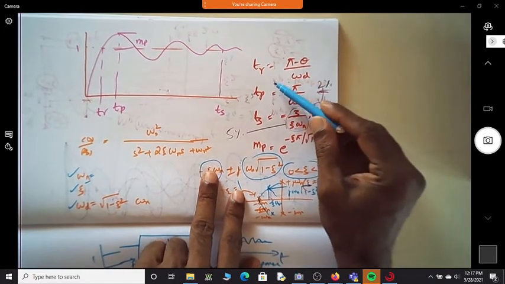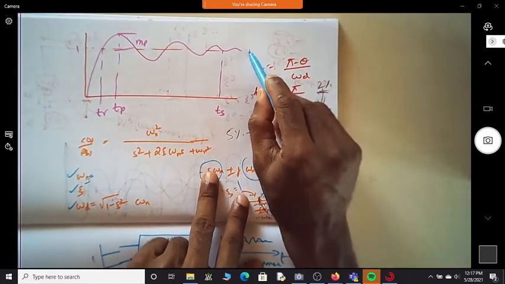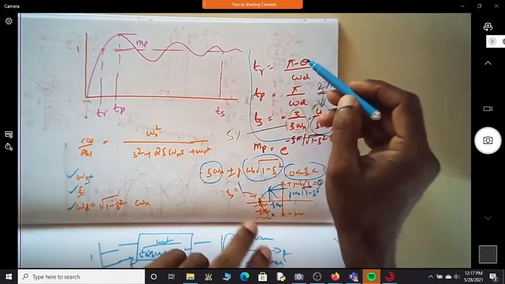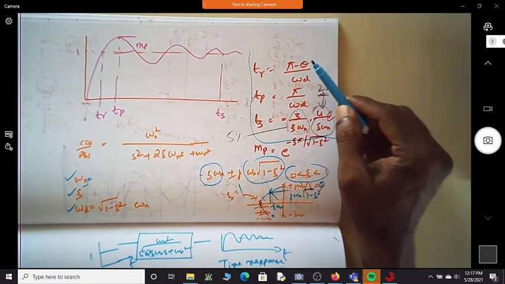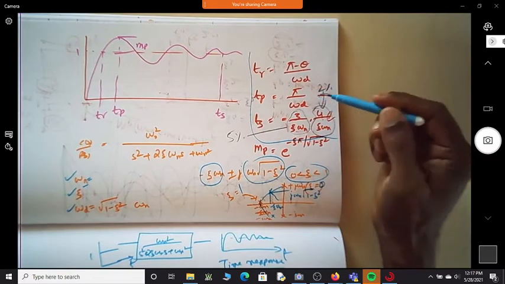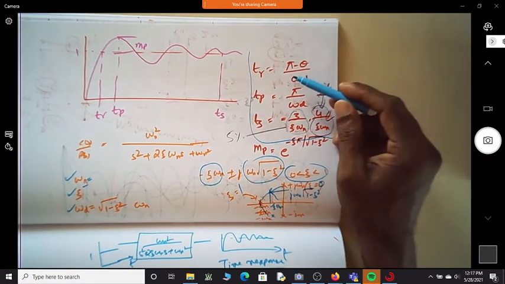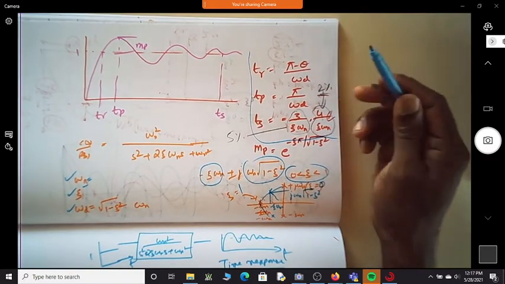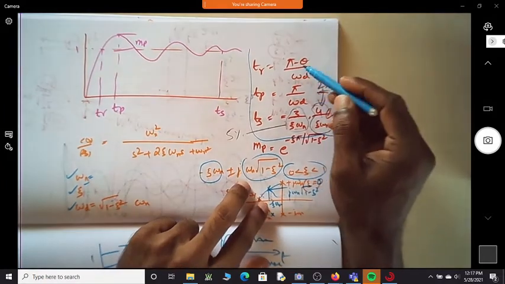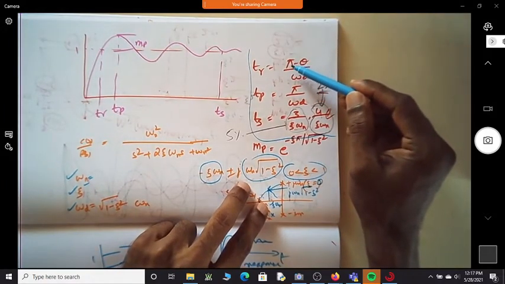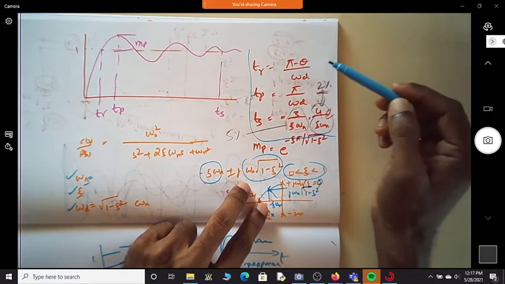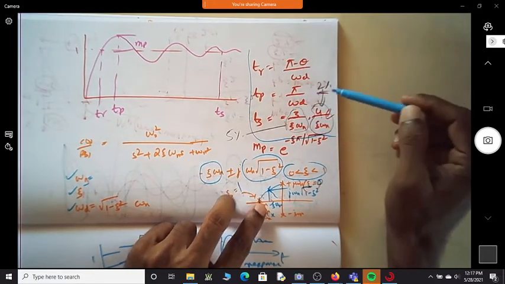I'm not going into the details of the derivation of all these, which is in any textbook. We don't give too much value to deriving things, because you will just be hanging on to the derivation only. So, tr is equal to pi minus theta by omega d, and these are the expressions.